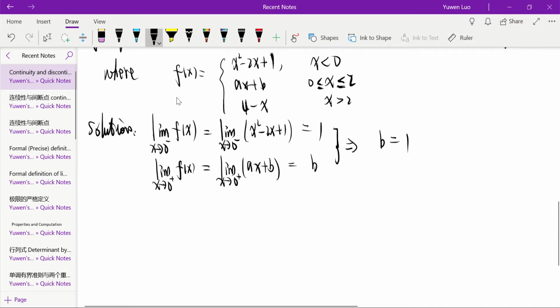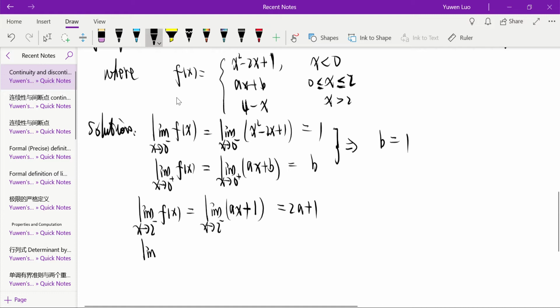And then for x equals 2, we take the left limit of ax plus b. b is 1, and as x approaches 2, that is 2a plus 1.